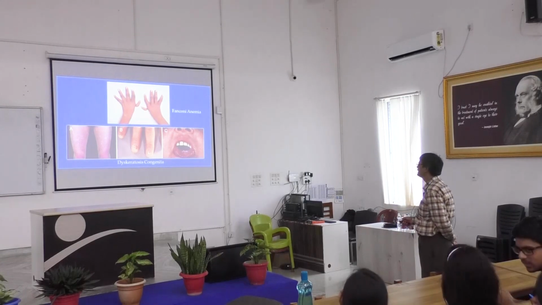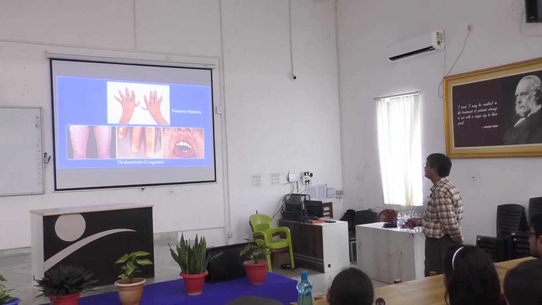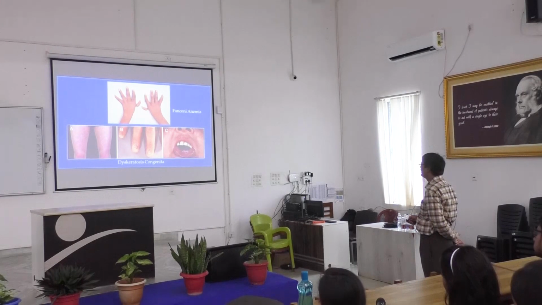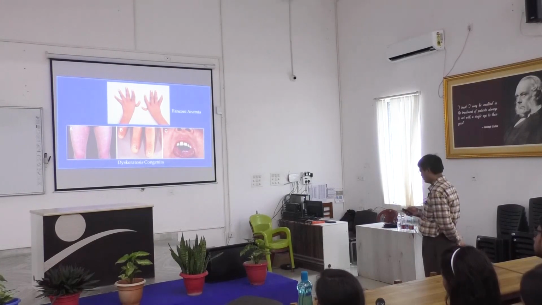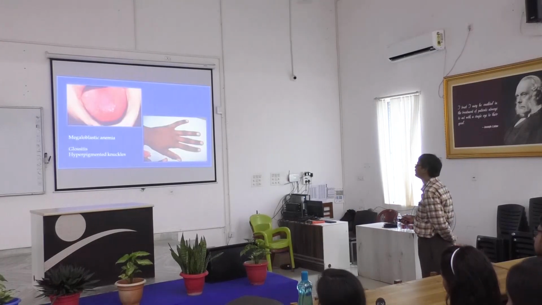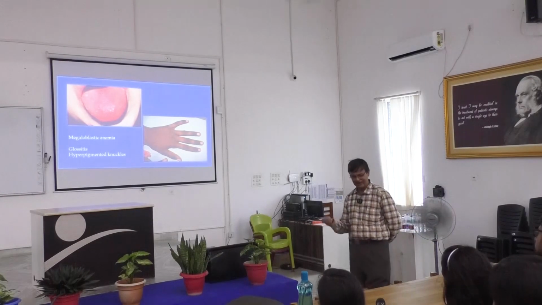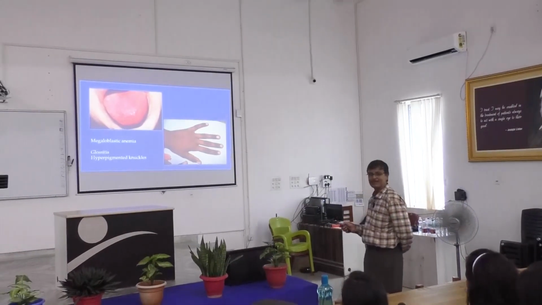You get this in the finger, this is dyskeratosis, look at the nail condition. Have you seen the skin pigmentation? Look at the tongue condition here, right? Okay, megaloblastic anemia, but the tongue condition I'll tell you later in class.